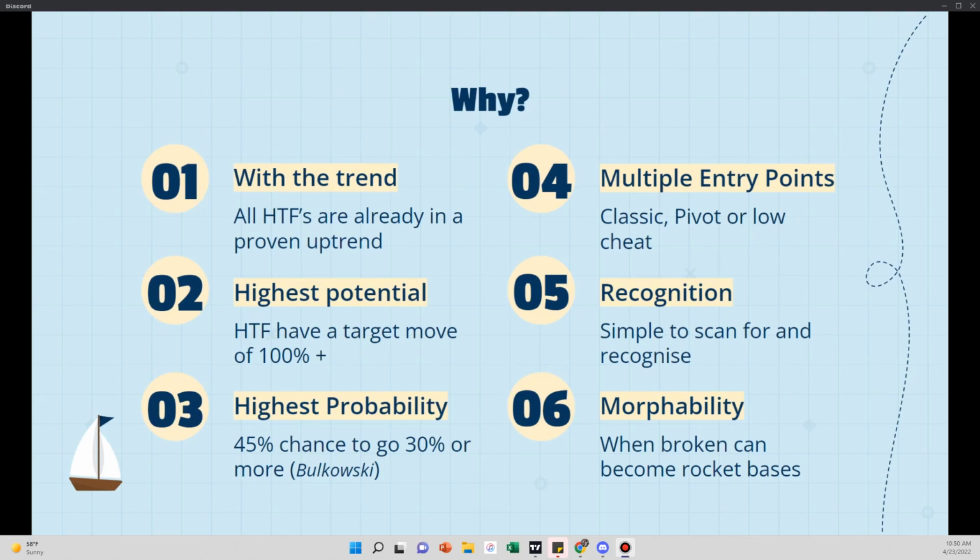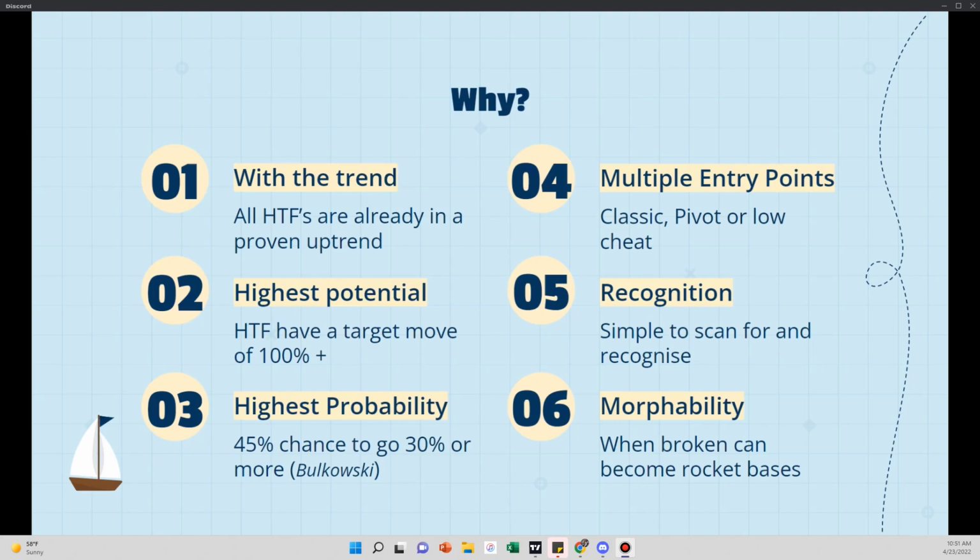And then morphability, maybe not even a real word, but essentially high tight flags, when they break down, have quite a high probability of breaking down either completely, in which case they're right off your radar, or turning into what some people call a rocket base, which is generally a long drawn out base pattern with a more than 25% retracement but less than 40%, and anything up to 4 or 5 months worth of basing, but they can be quite powerful when they actually come out.